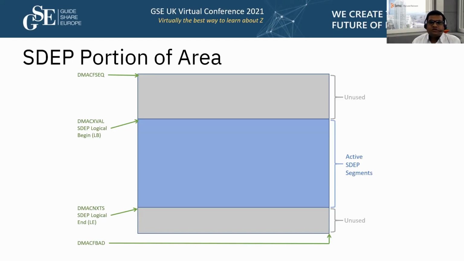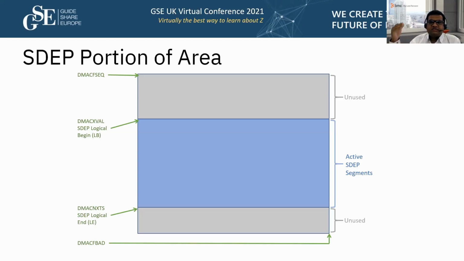This is the portion of the area which is towards the end after the reorg UOW. As you can see, there are some pointers in the DMAC: DMAC FSEQ signifies the start of your S-step portion, and DMAC FPAD is the end of your S-step portion. Then you have logical begin and logical end, where your S-step segments are residing.